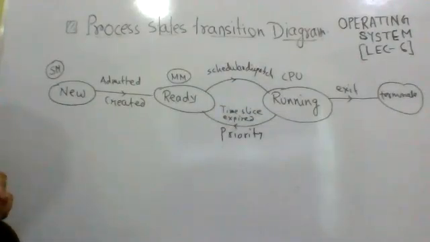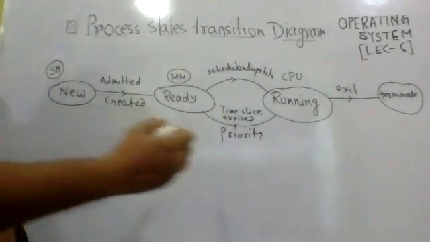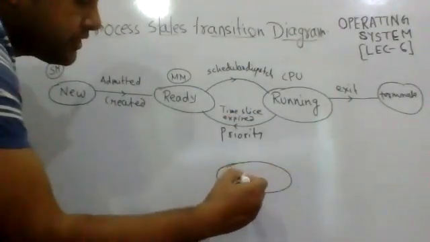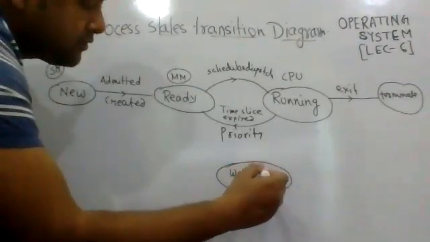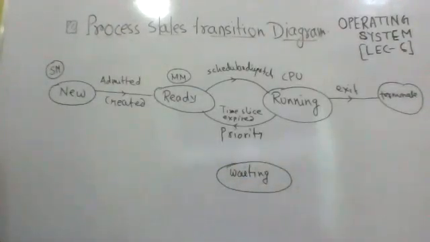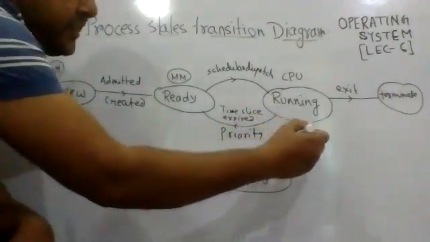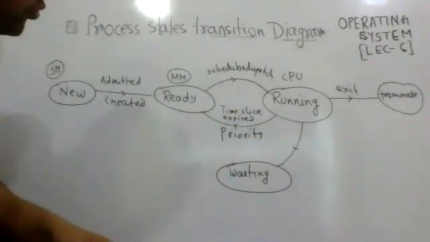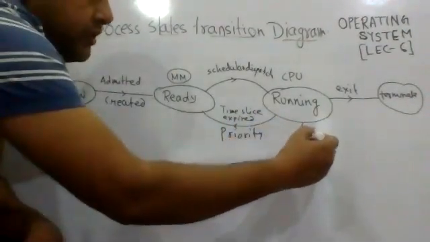Now sometimes we have another state called the waiting state, or it is also called the block state. Suppose a process is running in the CPU and in the middle of its execution it has to do some input output operation.